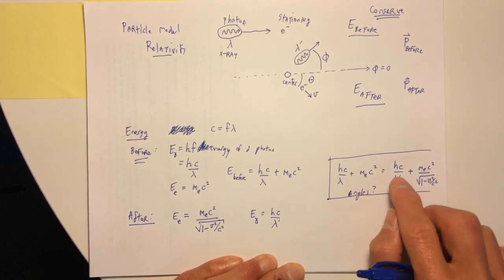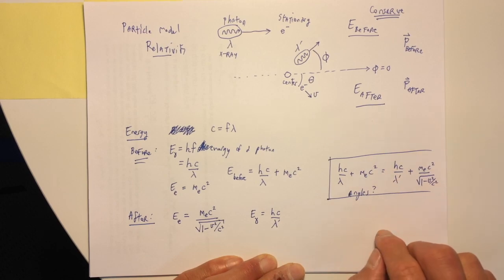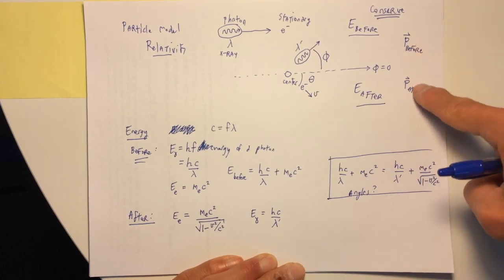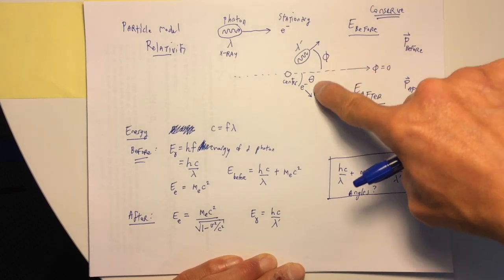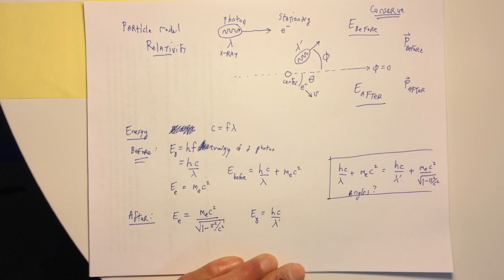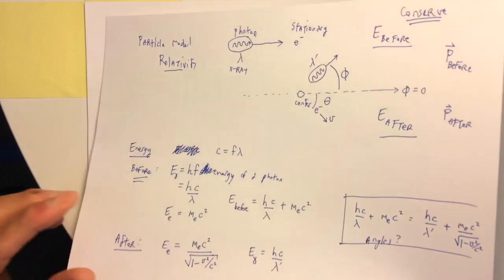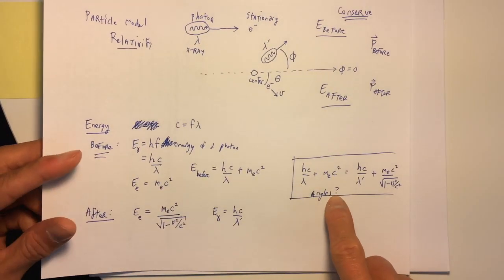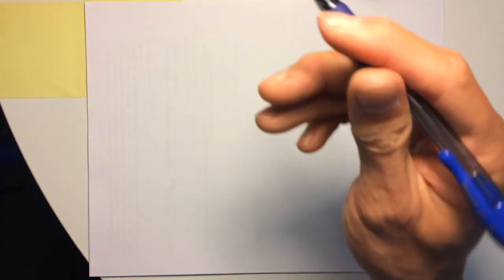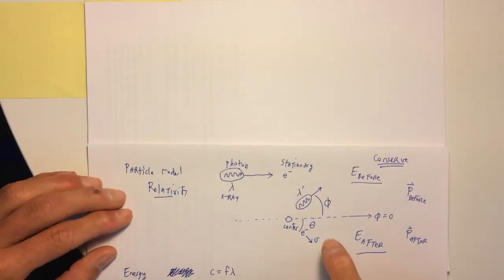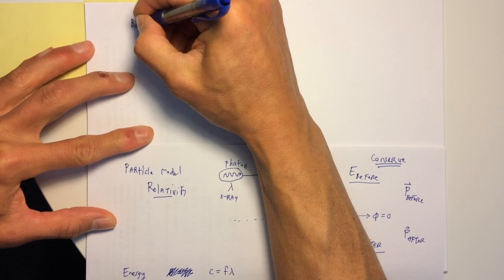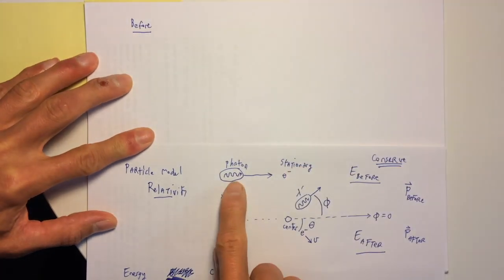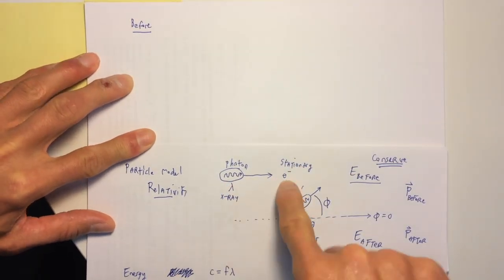So it turns out that I can get another couple of equations from thinking about momentum, and because momentum is a vector, the angles are really important for momentum. So that's the key. So this is one relationship that's useful, but there's another relationship, the momentum. So let me keep this here, right? So theta and phi, so momentum before the collision is all photon momentum. There is no momentum for the electron.